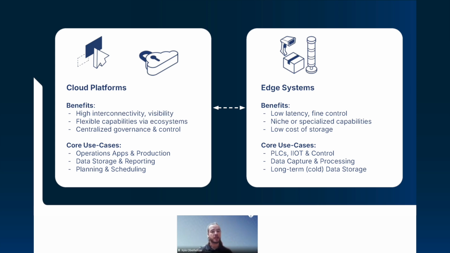Now, that being said, there is still a lot to be said about edge systems. No one's ever going to say edge systems would go away completely. If you have something that needs to work with low latency or high speed or questionable connectivity or high data aggregation or high data storage volume, then edge systems are a perfect approach, right?